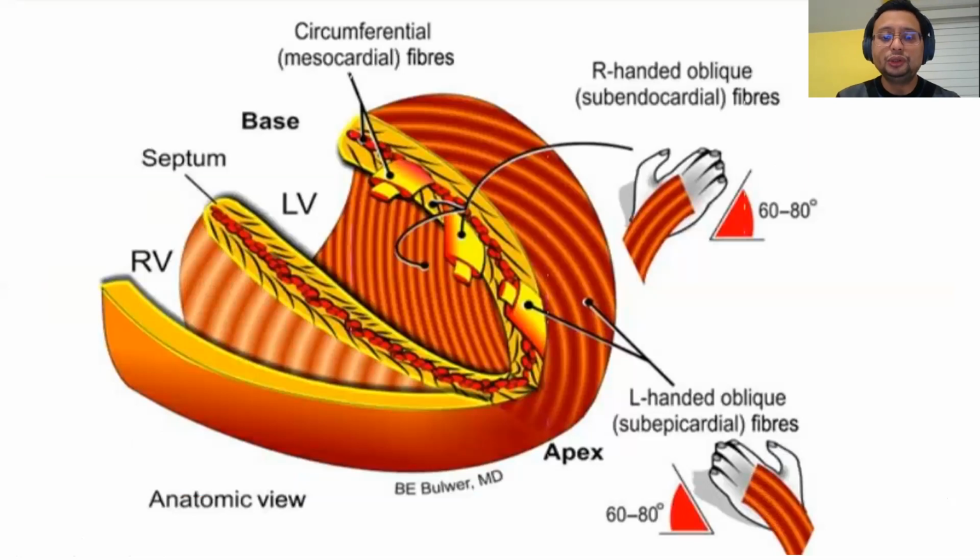So this just wanted to show you the arrangement of fibers of the left ventricle and right ventricle. Now, whereas the left ventricle can contract in three different directions, longitudinal, radial, and circumferential, the right ventricle is mainly longitudinal contraction.